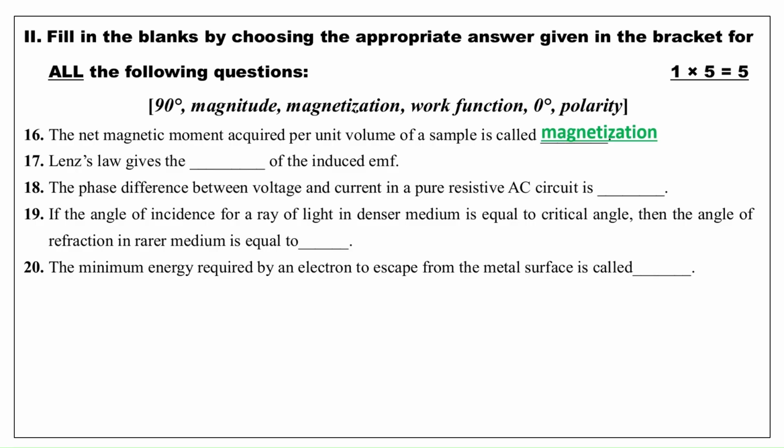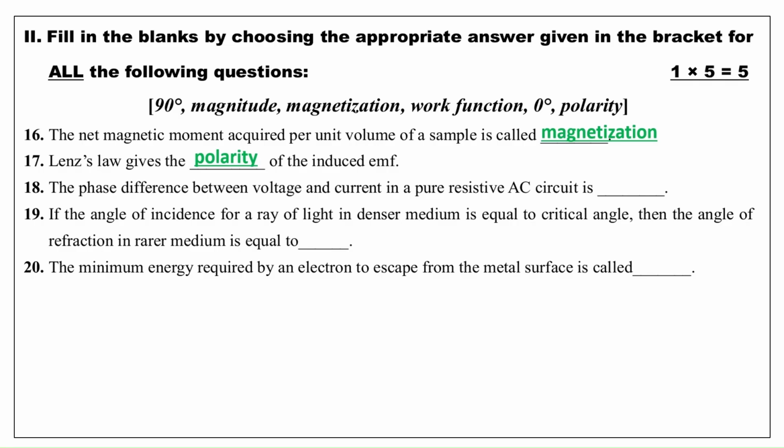Next. 17. Lenz's law gives the dash of the induced EMF. Answer is polarity. Next. 18. The phase difference between voltage and current in a pure resistive AC circuit is dash.